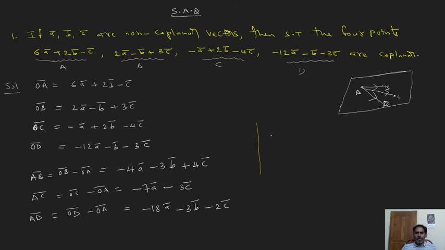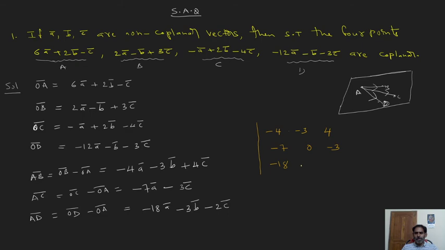For the determinant we should write all the coefficients of A bar, B bar, C bar. Minus 4, minus 3, plus 4. The determinant value should be 0. Next row: minus 7, 0, minus 3. There is no B bar coefficient, that's why 0.